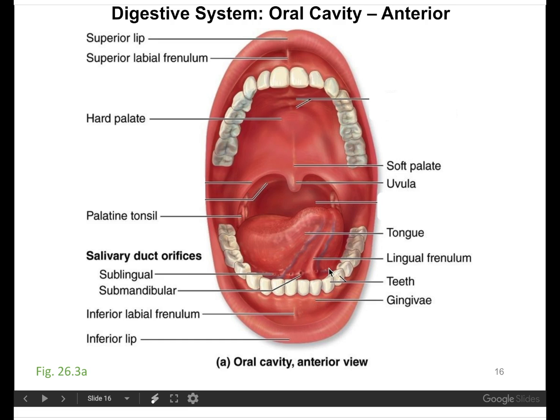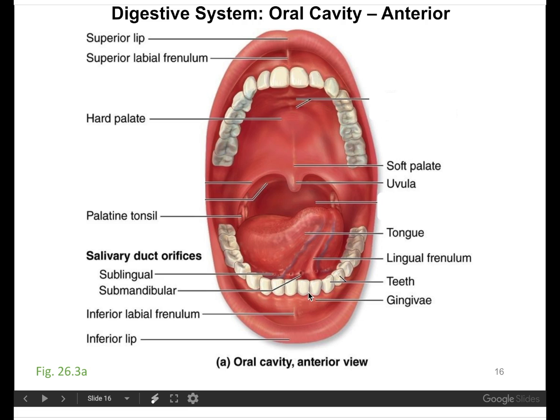And the opening to the mouth is called the vestibule. We did have a vestibule of the nose, if you remember. And then obviously we have teeth. You don't need to know the different teeth, but they do have different names. And then we have the gingivae, which is basically your gums.